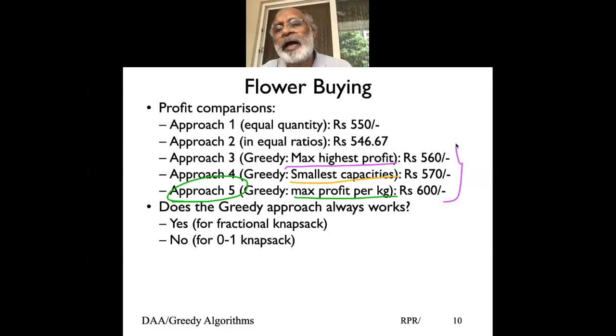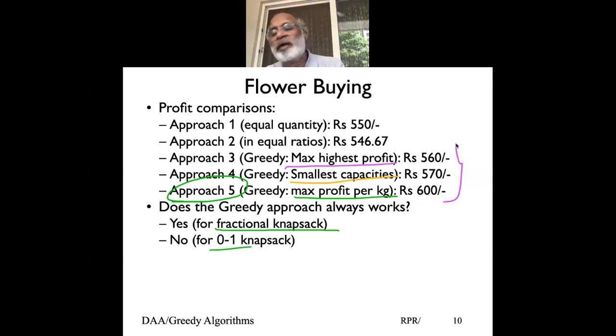Since we can buy any quantity of flowers, it could be half kg, 1 by 3 kg, quarter kg, whatever, this is called fractional knapsack. Meaning I don't have to buy whole jasmine or whole roses, but I can buy part of it. If I have to buy the whole thing in one go and not part of it, that is called 0-1 knapsack.